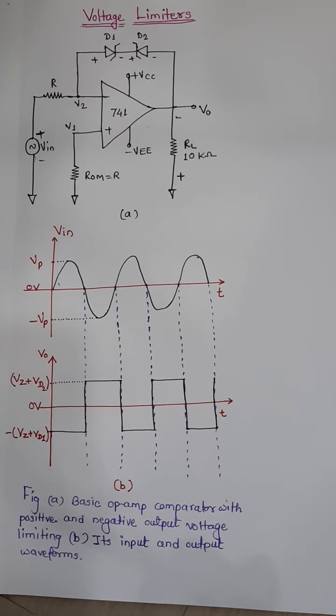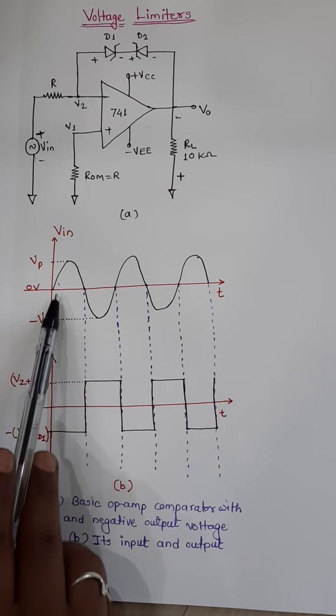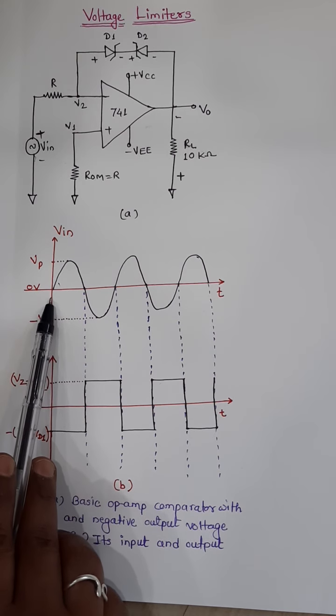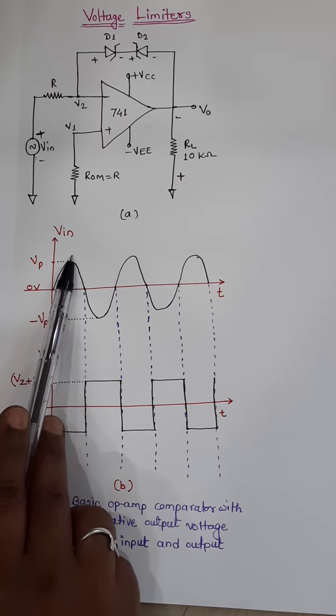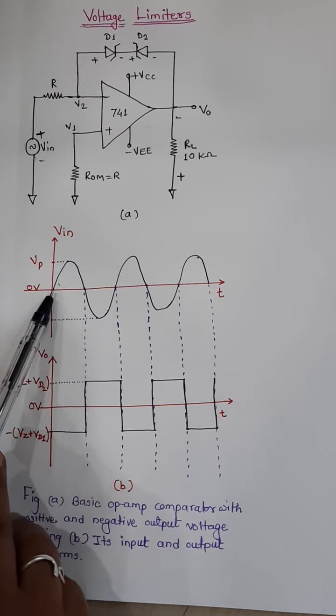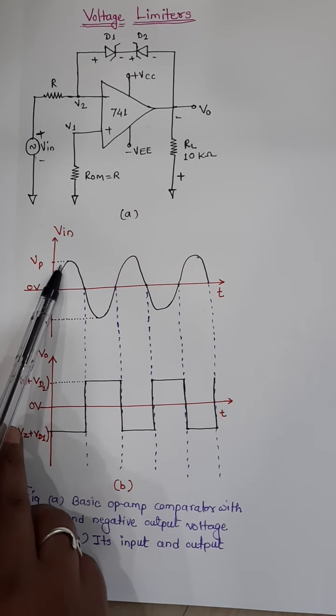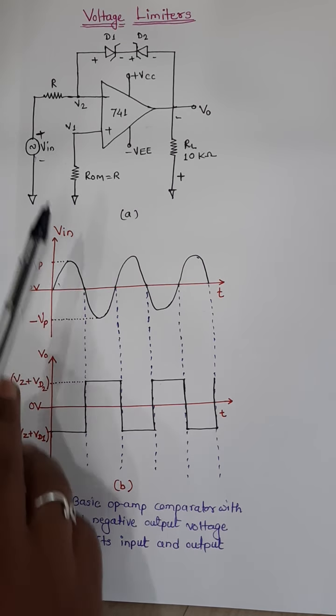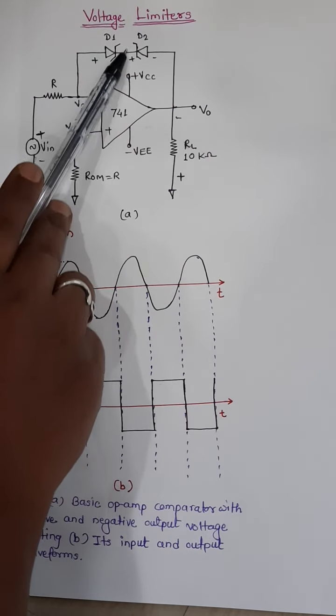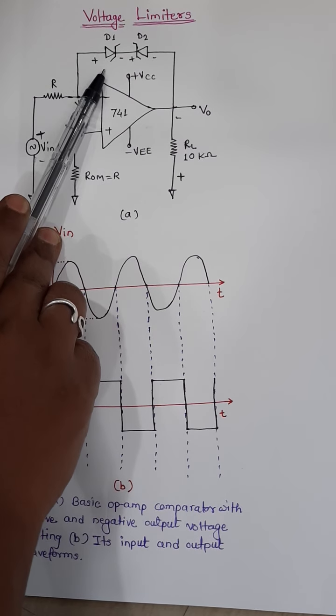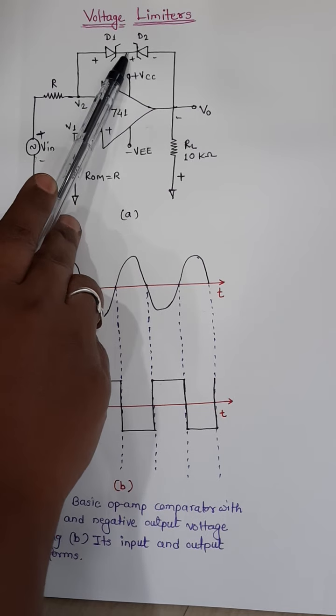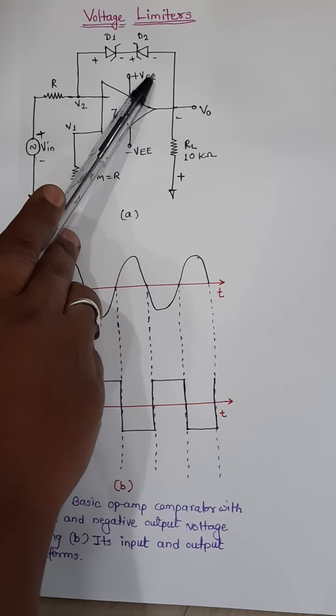First, consider that the input Vin crosses 0 and increases in the positive direction. What happens is diode D1 is forward biased at this voltage, so it will conduct. But D2 is in reverse bias.